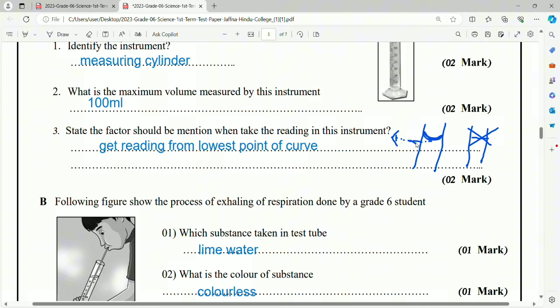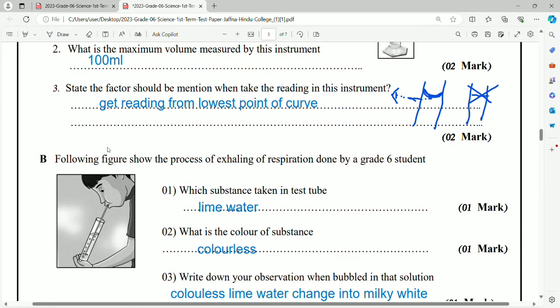So we have to take the reading from the lowest point of the curve. We have to keep our eye at the lowest point of the curve. So the answer is: take the reading from the lowest point of the curve.